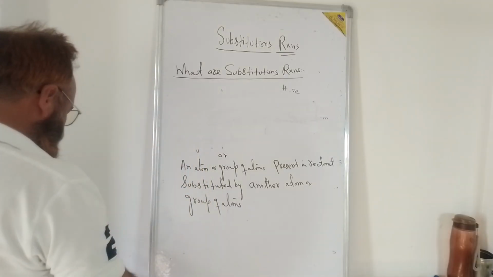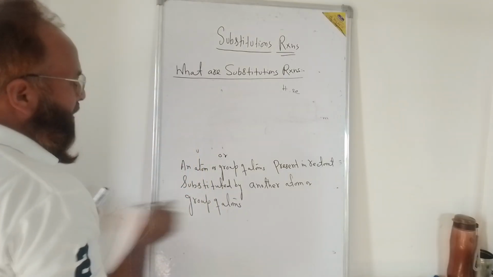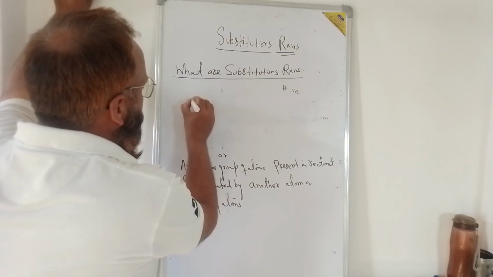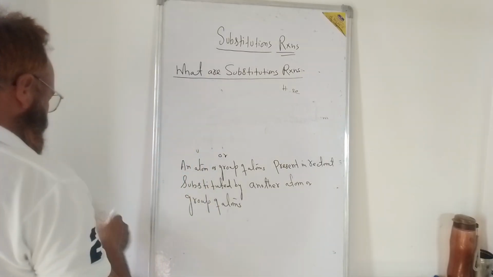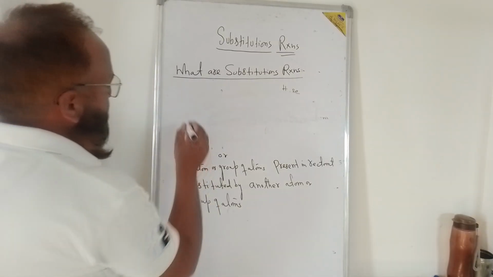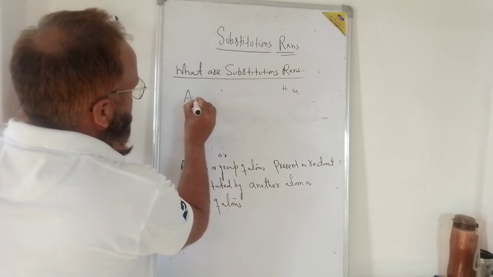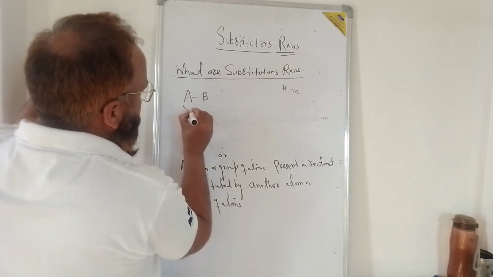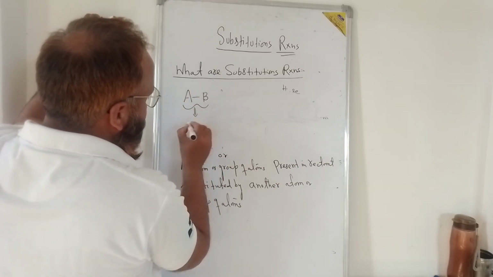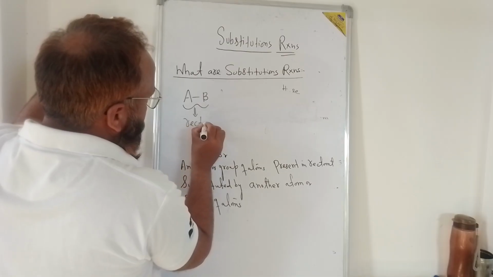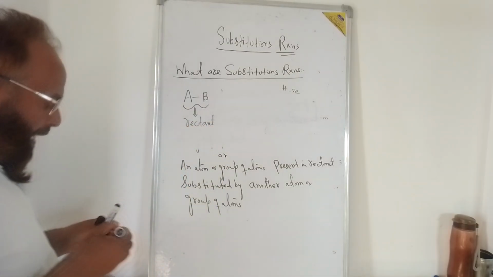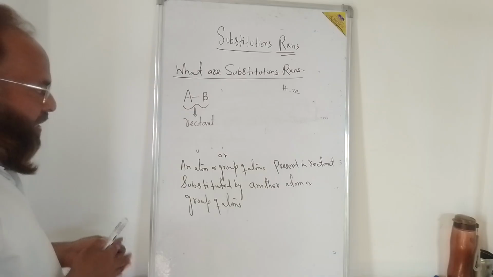So what is the example that shows substitution reactions? Here is AB. This is the substrate or reactant.